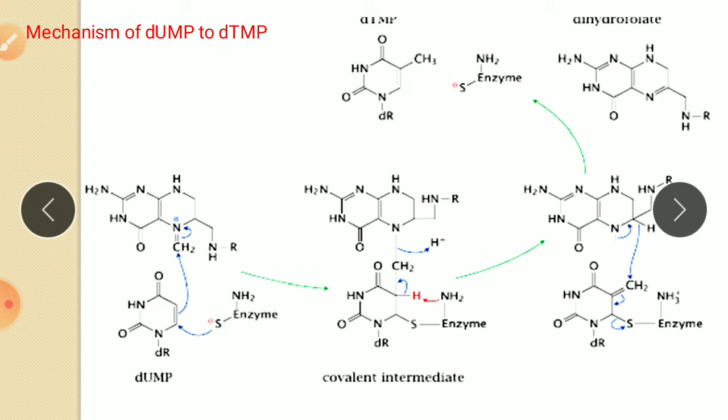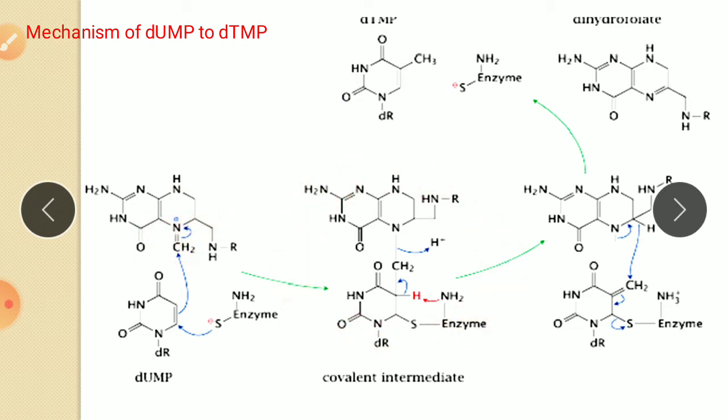In the first step, the enzyme, thymidylate synthase, has a sulfhydryl group, SH group. Here the S minus acts as a nucleophile. This S minus attacks this ring carbon, and this double bond attacks this carbon, and the positive charge on nitrogen is neutralized. So here there is an N double bond CH2. This bond of the aromatic ring attacks this CH2, and the charge is neutralized like this.